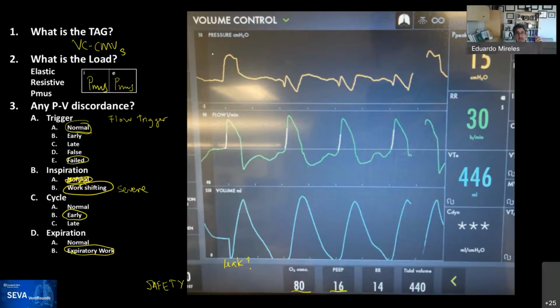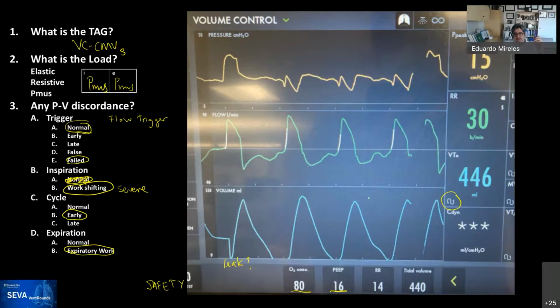Let's go. So definitely volume control, and you picked that up perfectly, Ahmed. This is their circuit compensation. That's why these waveforms don't look the same. But even in the presence of very high PMOS, the volume remains close to target, and you can see it here.